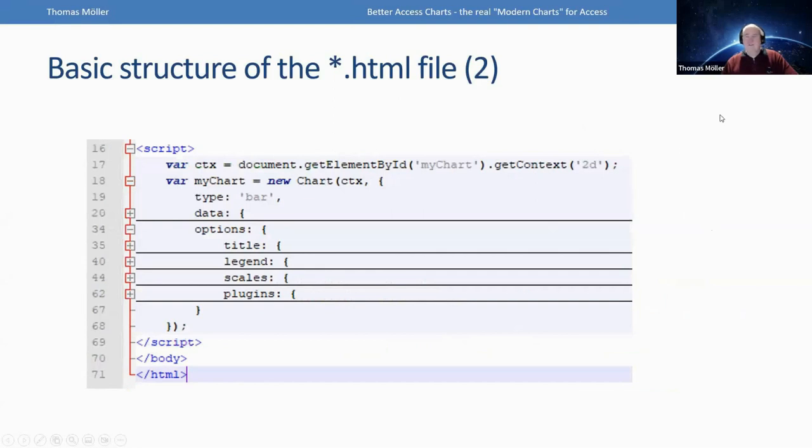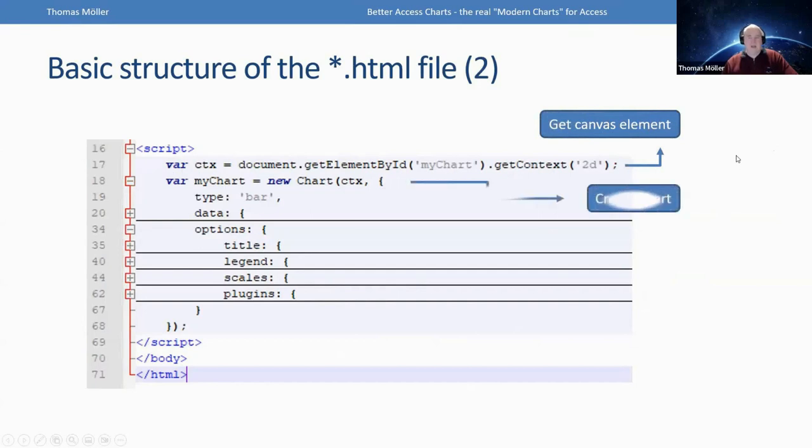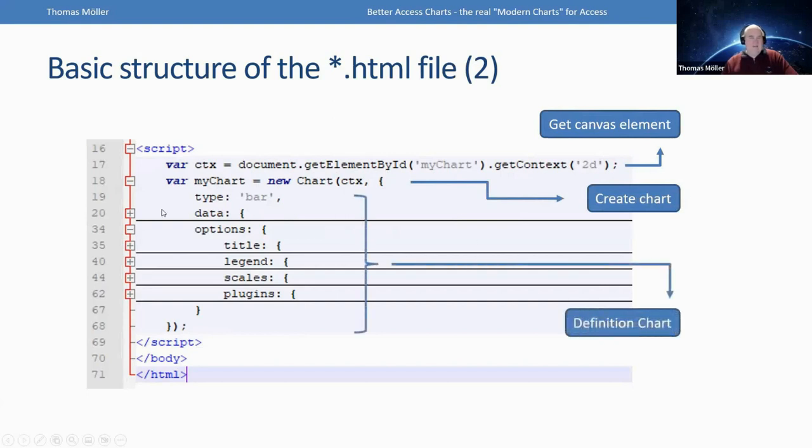And now to the second half of the HTML file. In line 17, we grab the canvas element. And in line 18, the chart is created. And in the lines from 19 to 68, the definition of the chart is done.